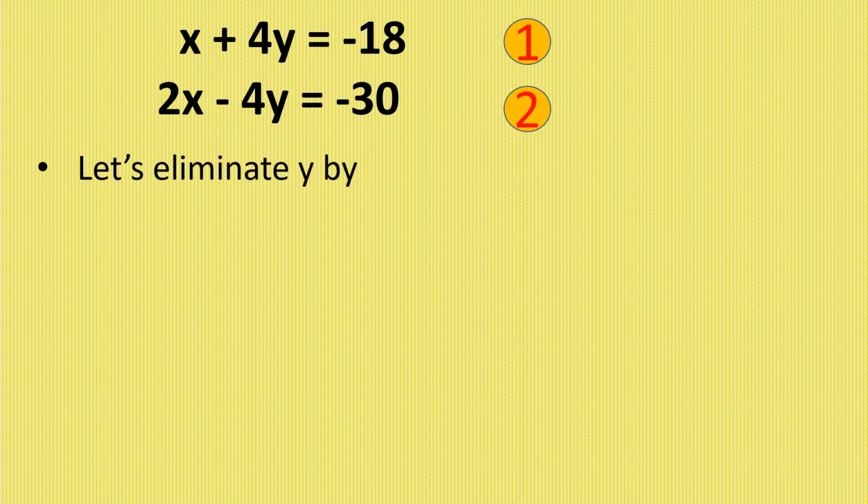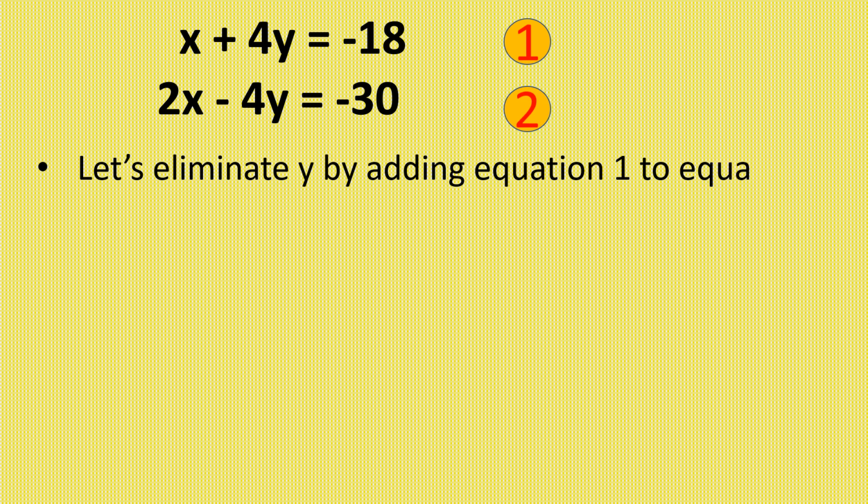So what we are going to do is eliminate y by adding equation 1 to equation 2. Like I said earlier, when you add 4y to minus 4y, you get 0.